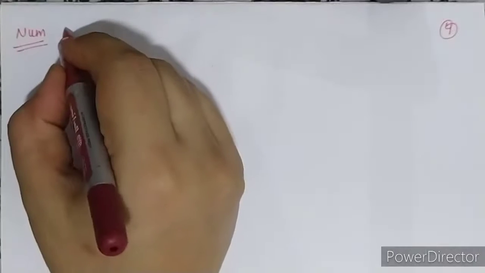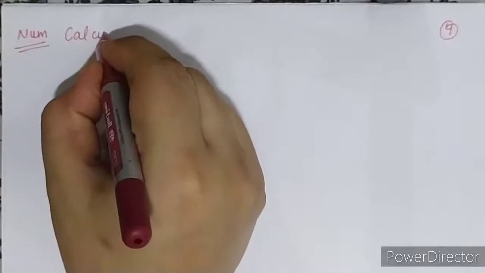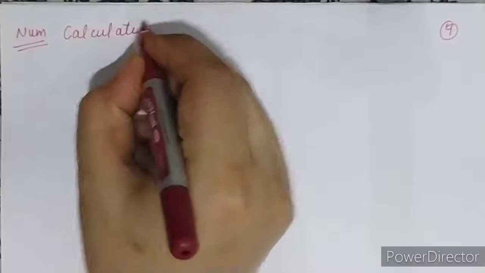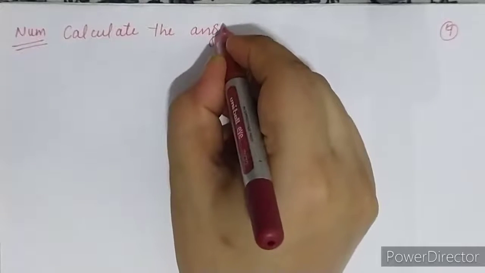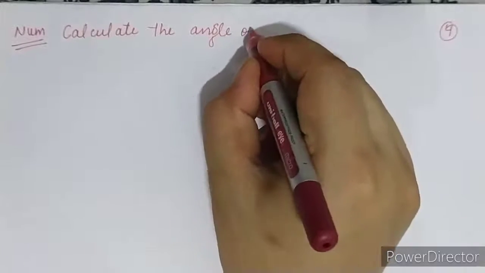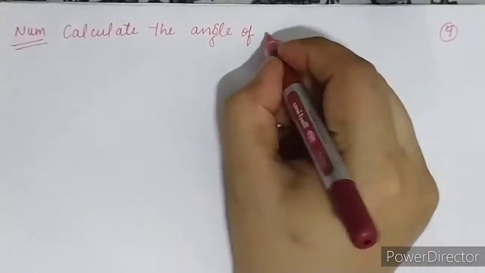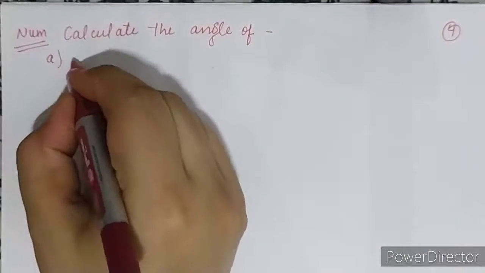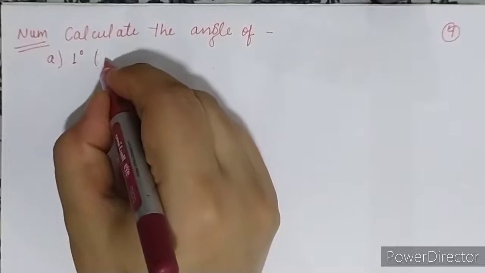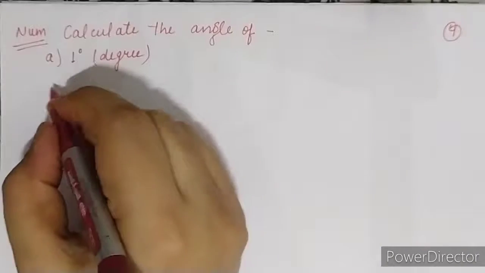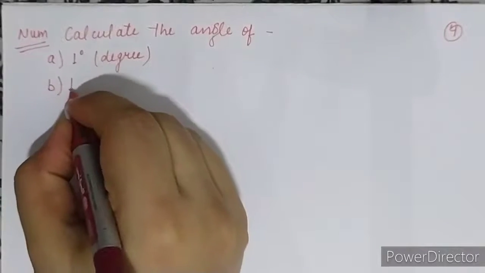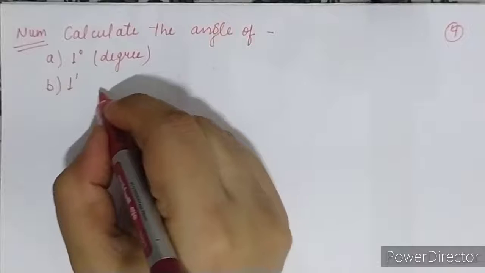So here I am writing the first numerical. Calculate the angle beta. First, for 1 degree, this is a degree. Okay, clear? Second, you are going to calculate for 1 minute. This 1 dash is for the minute.